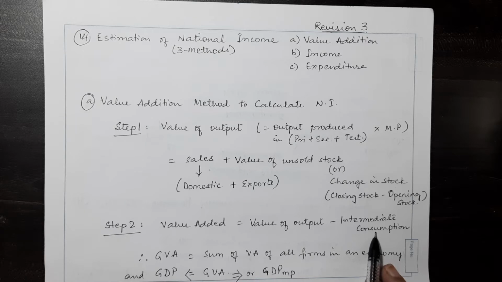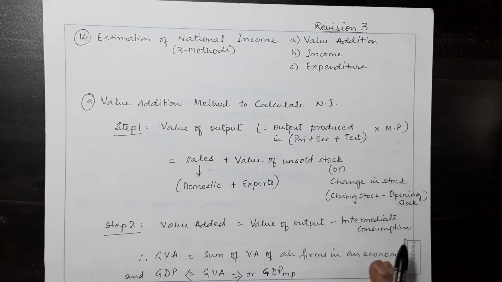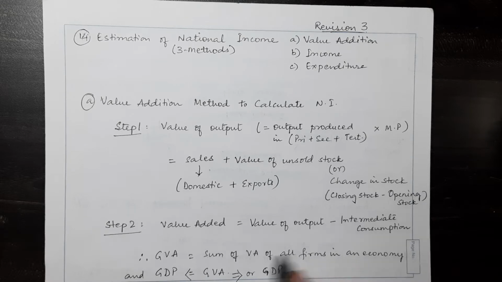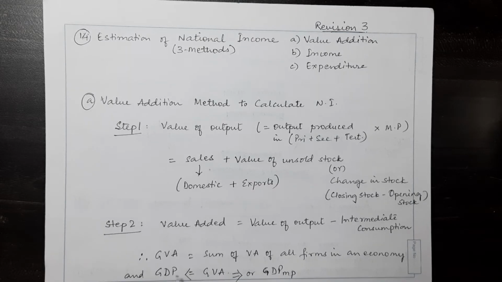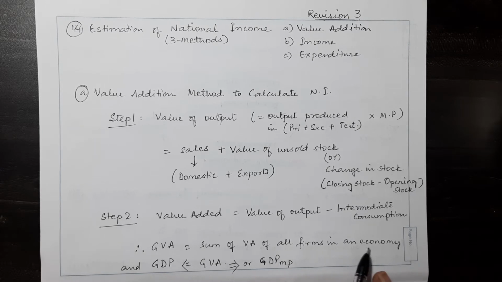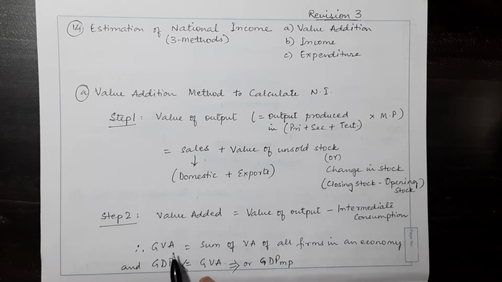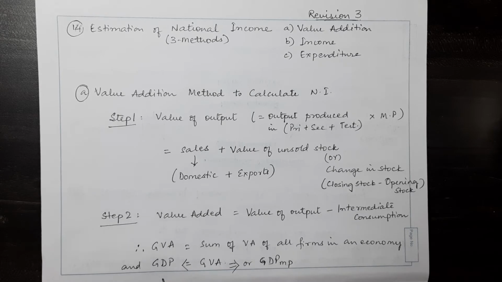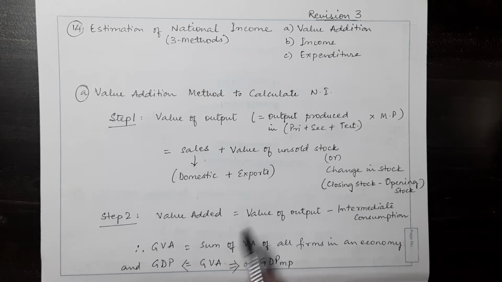Intermediate consumption, we understand raw materials and other things that are used in the production. Therefore, the gross value added will be given by sum of the value addition of all firms in the economy. That is why it is called gross, the sum total. So this gross value addition can be called as gross domestic product because we are including all the sectors.